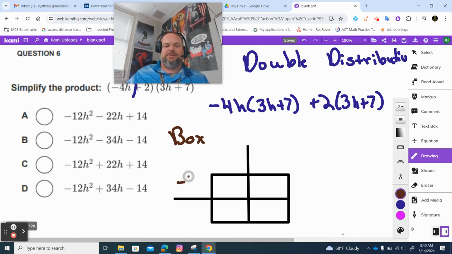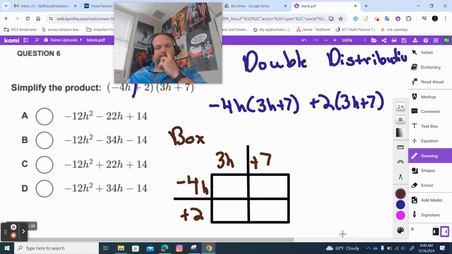You just pick the one that works for you. Either way, you're multiplying them. Like this one, you do distributive. I wonder why, because it's called double distributive. This one, you multiply them, you get the stuff inside.